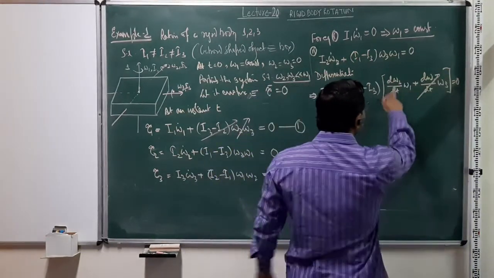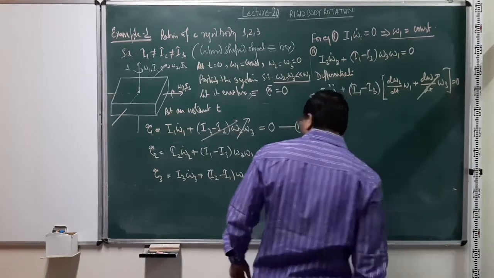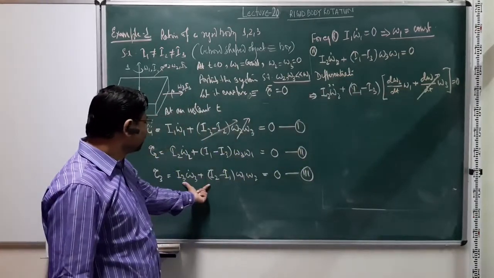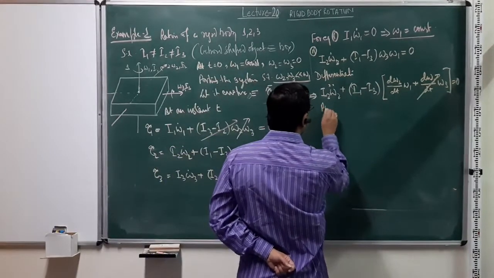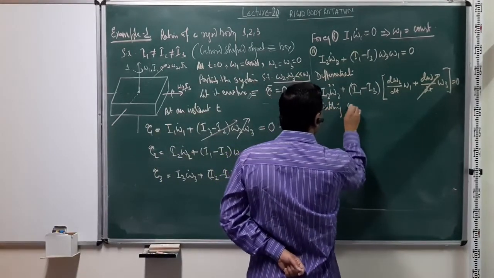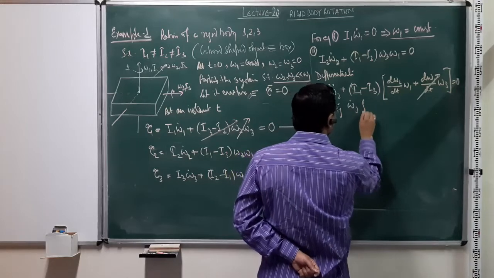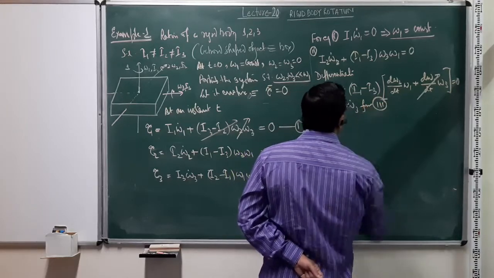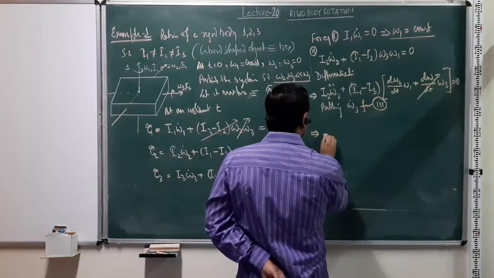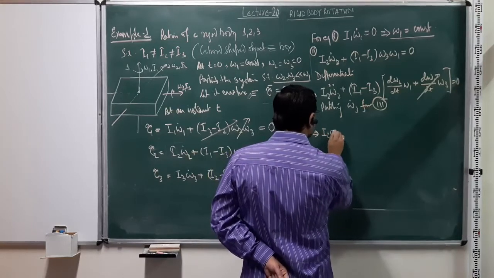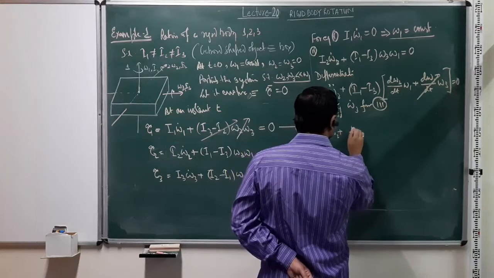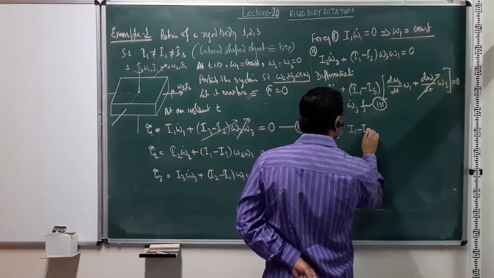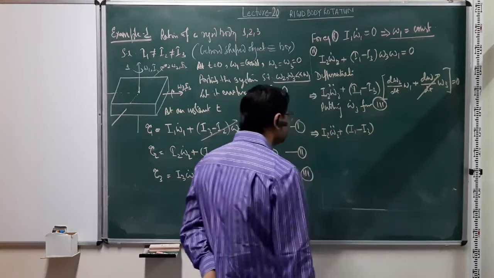And instead of this d omega 3 over dt, or omega 3 dot, we can replace the expression from equation number 3. Right? So putting omega 3 dot from equation number 3, what we'll get is I2 omega 2 double dot plus I1 minus I3, right?